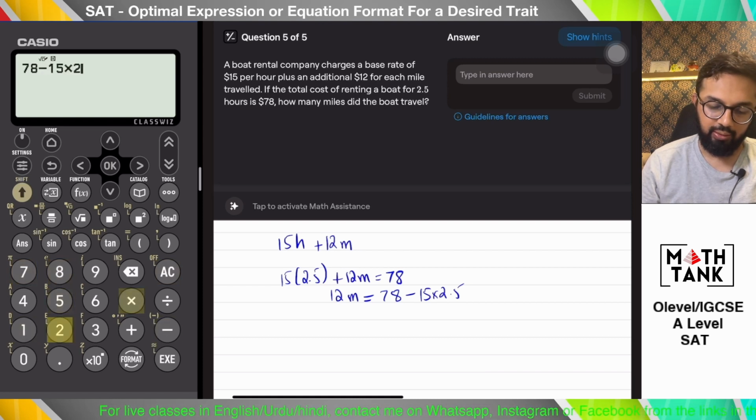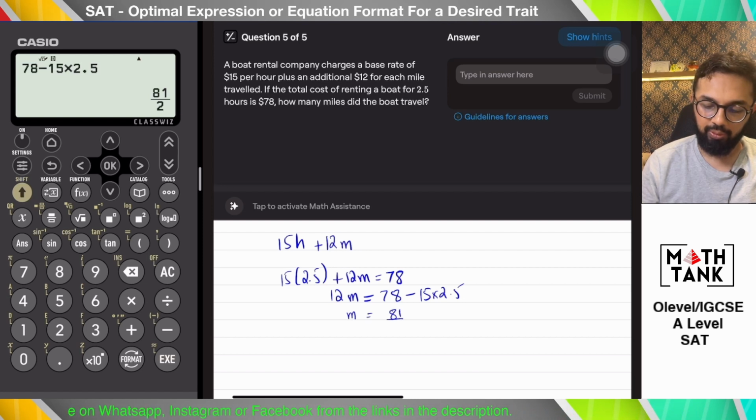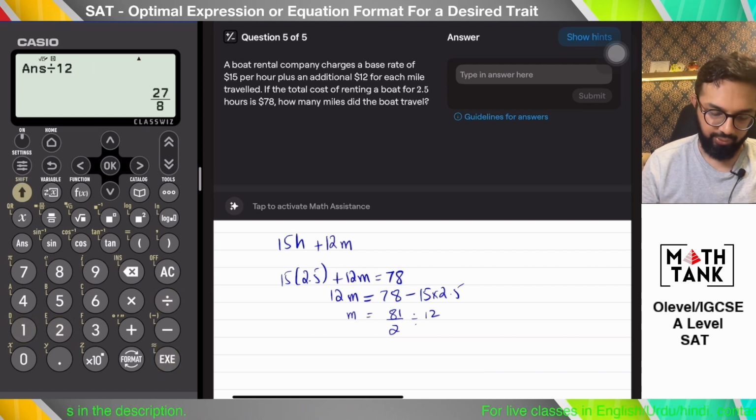Let's do that. That gives me 81 upon 2, and 81 upon 2 divided by 12. How many miles did the boat travel?